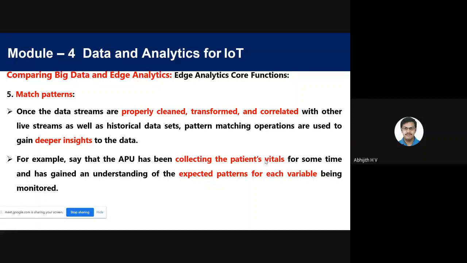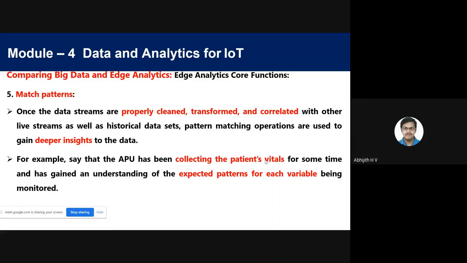If it crosses a certain threshold value, it may affect the manufacturing process and the product, so we need to take care. Like this, taking the data, analyzing, and comparing with a threshold or a pattern is very, very important.